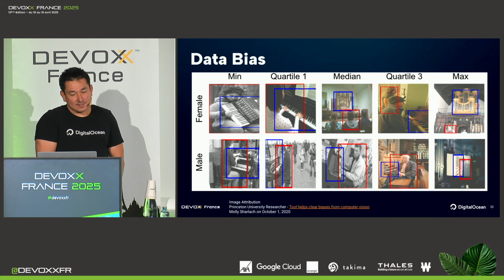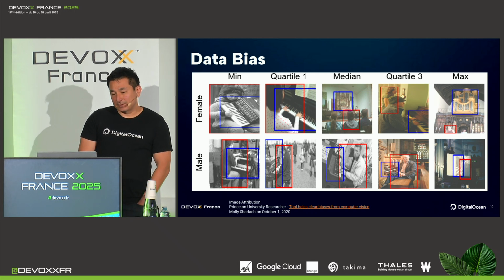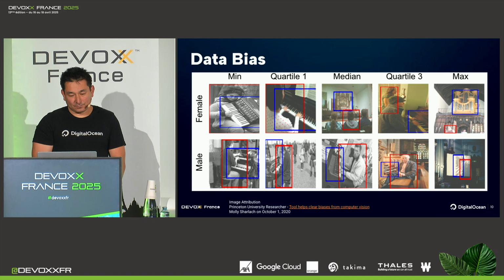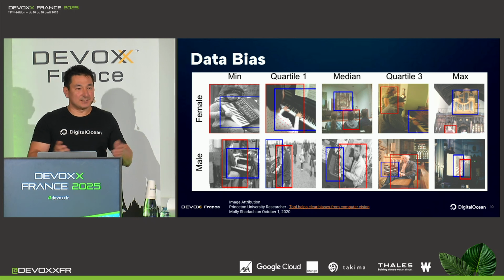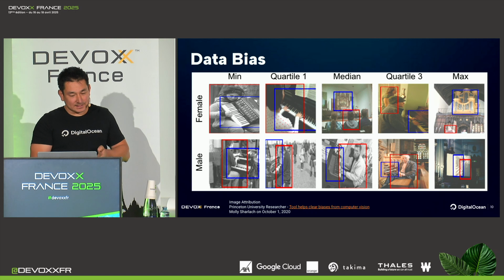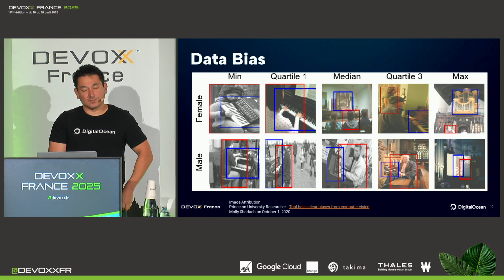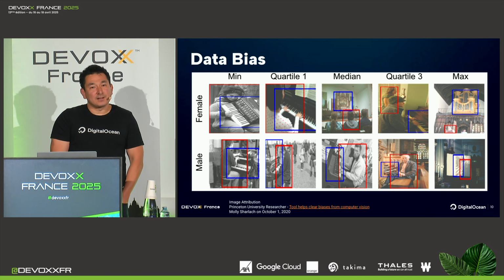The next one is data bias. Here is a very interesting research study out of Princeton where they took a whole bunch of images and they were trying to classify musicians and the instruments they're playing. In the top row in their study, what they found was that the female people in the pictures with the instruments had a massive amount of data bias.